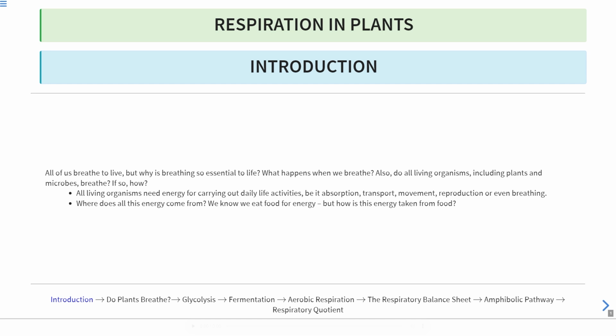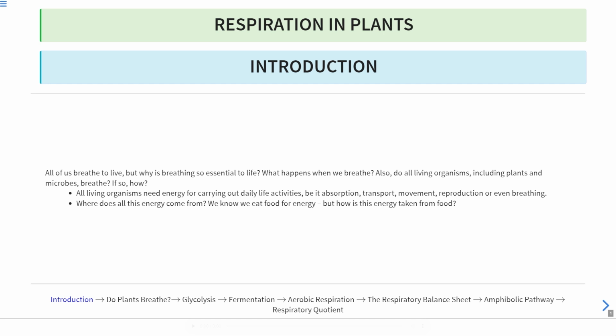So the first question: why is breathing so essential to life? All organisms require energy, right? Energy to do all their metabolic activities, their daily activities, vital functions. So they require energy, and that energy is in the form of ATP in the body. Breathing is essential to life because in the process of respiration, after breathing, there is an exchange of gases.